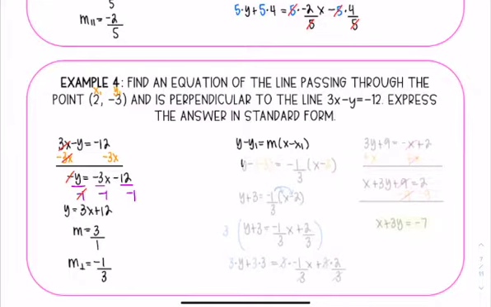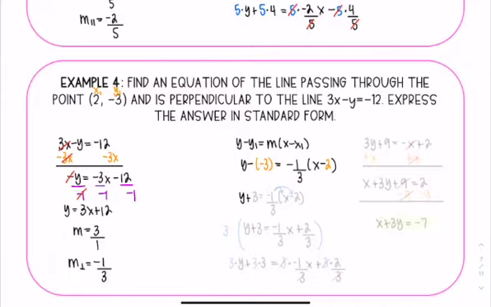And so plugging this in, we've got y minus negative 3 equals negative 1/3 times x minus 2. And so I'm going to get rid of my double negative again.